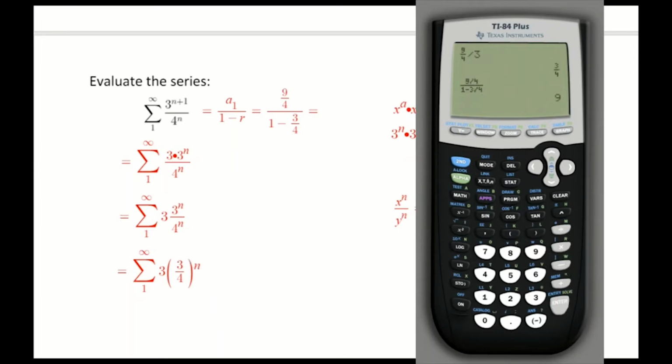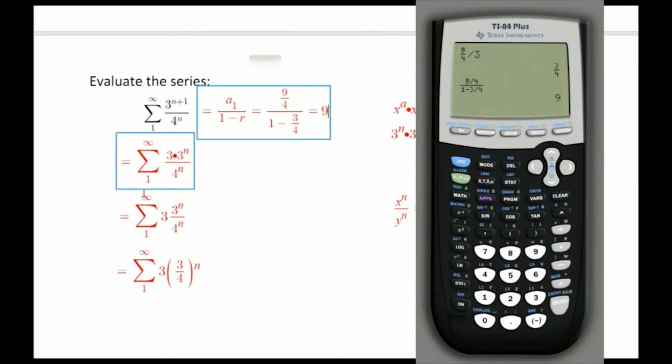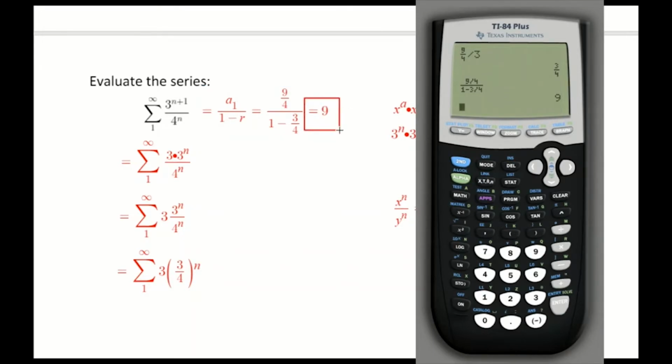And we get 9. Oh, that's kind of nice, a nice little round number. So this thing will equal 9. So this is a geometric series that converges on 9.